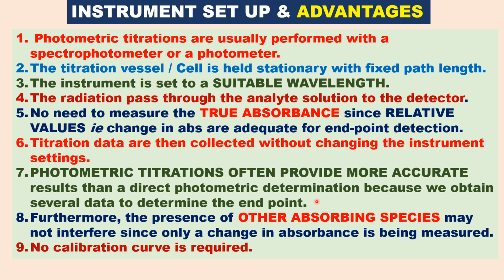So this is one advantage, it gives a more accurate result. Furthermore, colored impurities in the reactant do not interfere or affect the result, because we measure only a change in absorbance. And no calibration curve is required, whereas in other methods we need one.